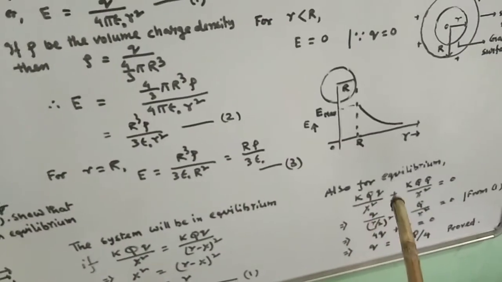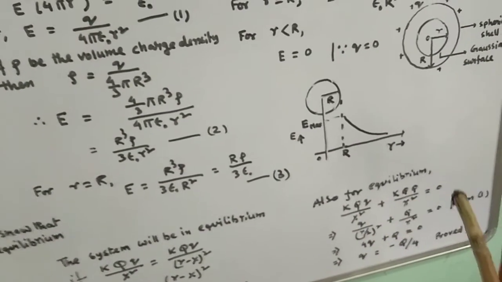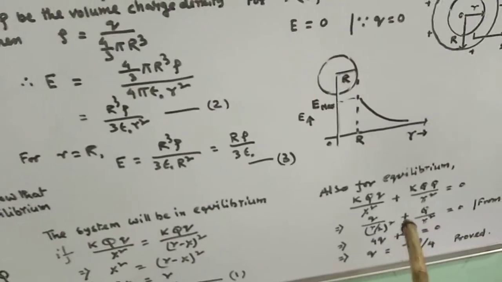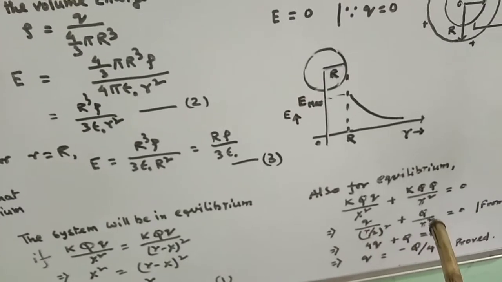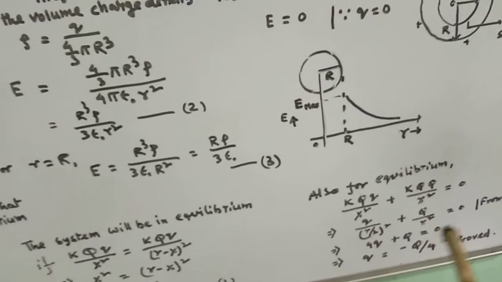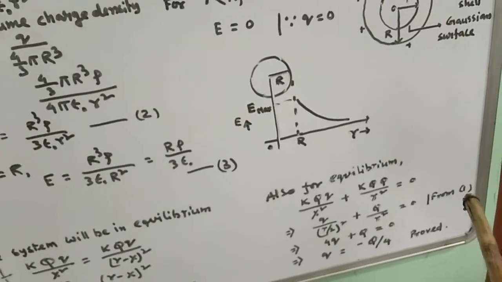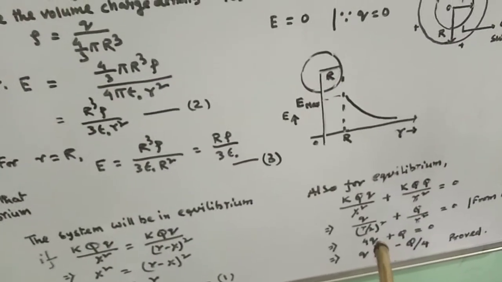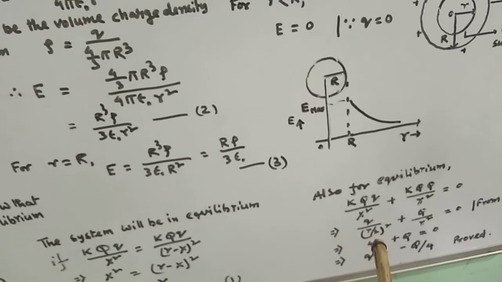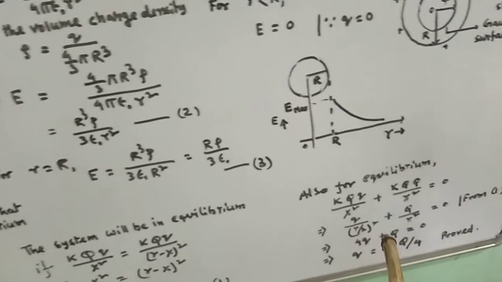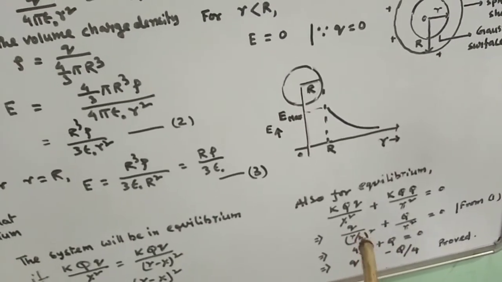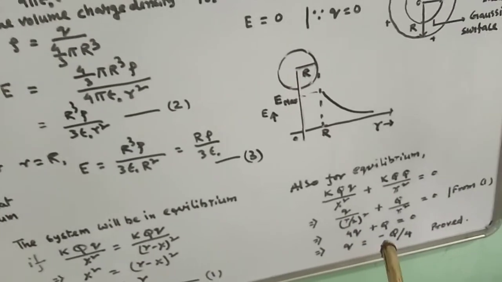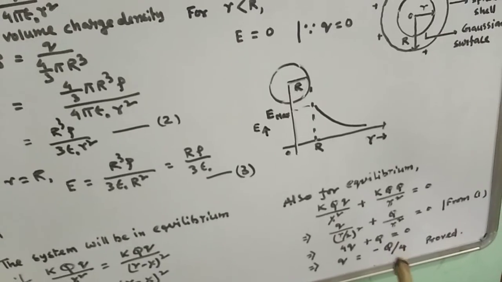So k Q goes off from the expression, small q by, in place of x we have written r by 2 whole square, plus Q by r square. So we have used this equation 1, x equals r by 2. If you substitute this, this r square and this r square go off, 4q plus capital Q equals 0. So small q comes out to be minus Q by 4.